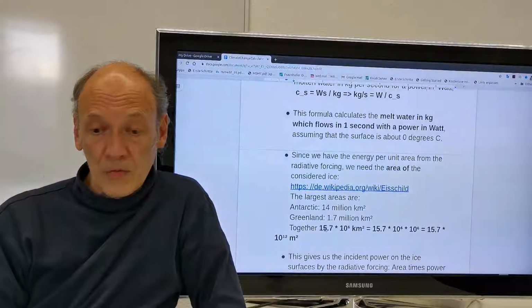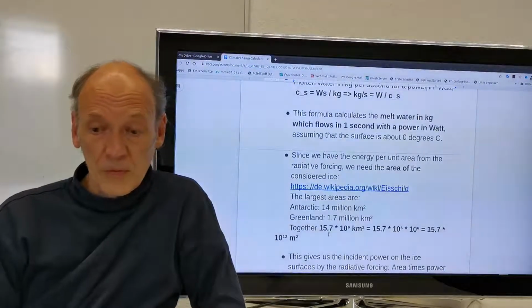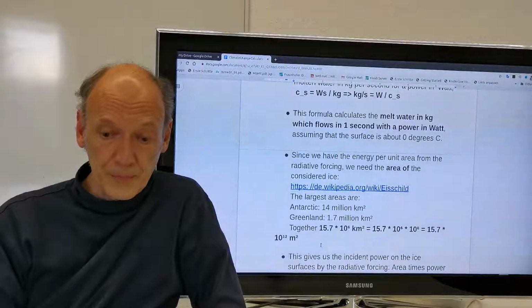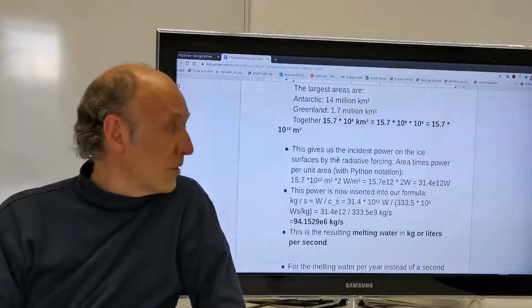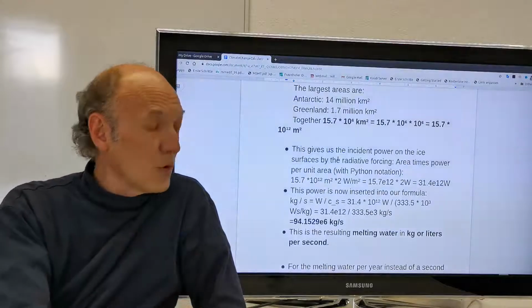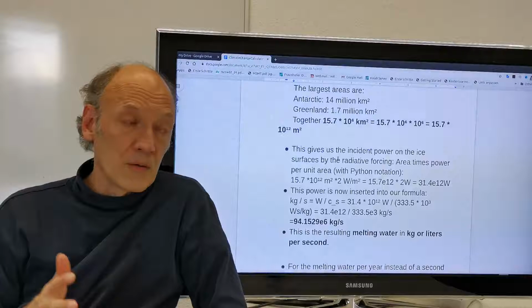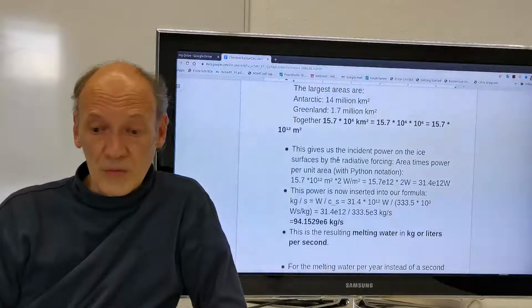If we take those two together, we get 15.7 million square kilometers, or in square meters it's 15.7 times 10 to the 12 square meters. This gives us the incident power on the surface of the ice by the radiative forcing, meaning the additional power that we get from the CO2 increase.